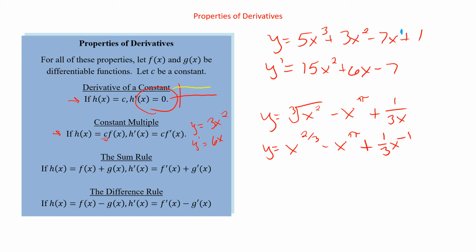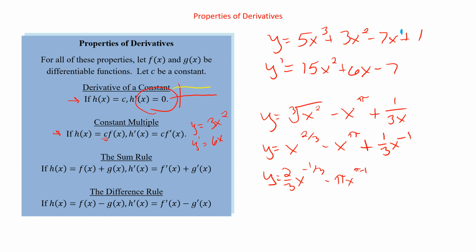Now we can find the derivative of each piece individually. y prime equals, we have 2/3 x to the negative 1/3, minus pi x to the pi minus 1.